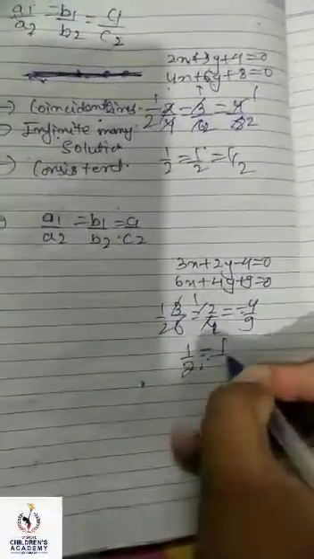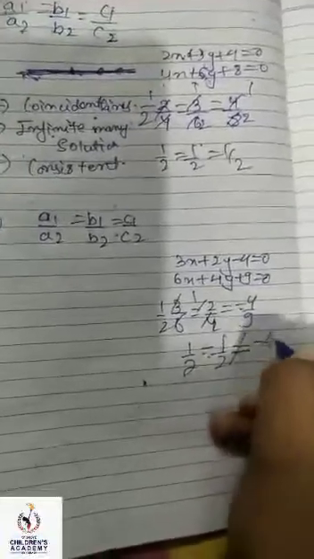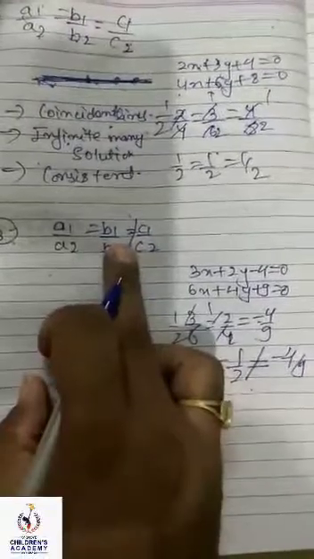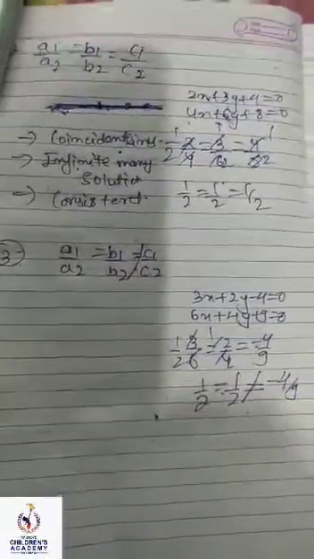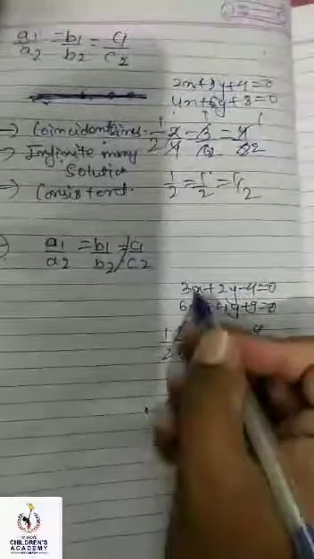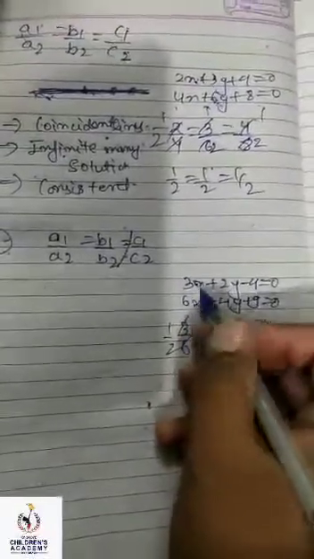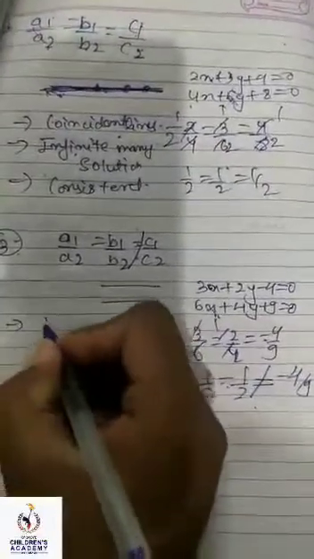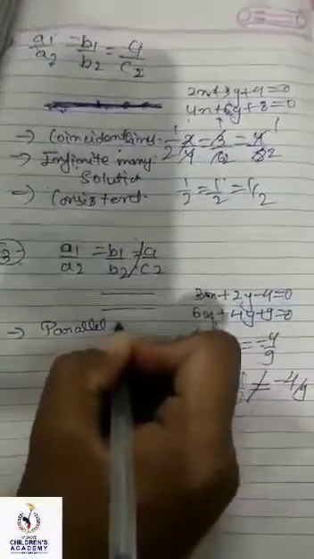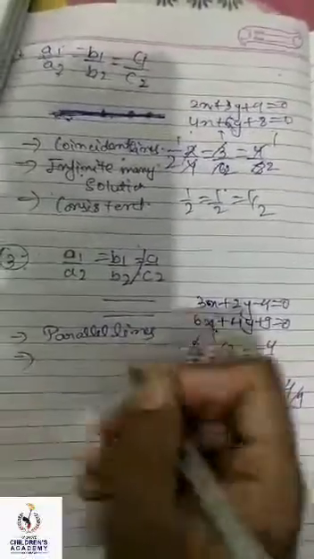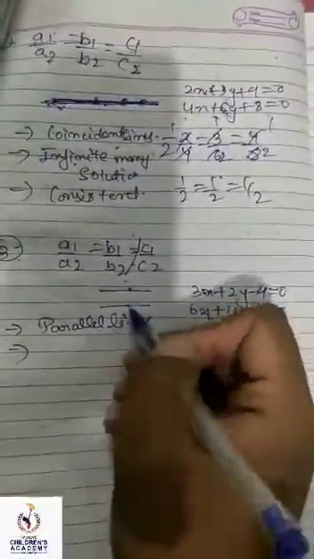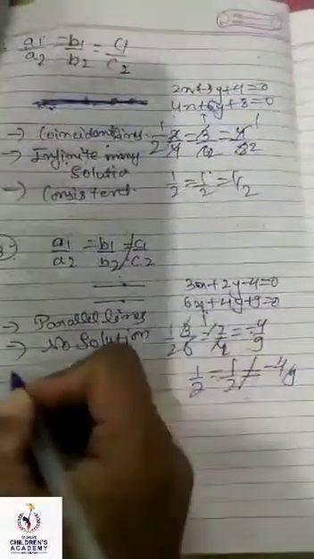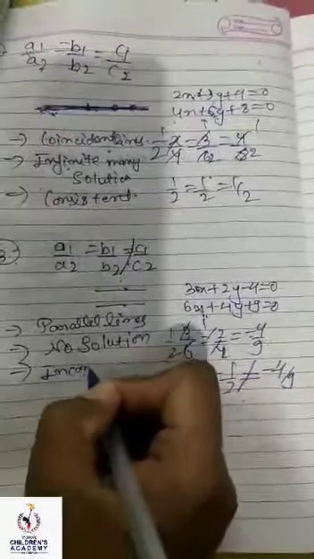So 1 by 2 is equal to 1 by 2, but this is not equal to minus 4 by 9. When we get not equal, it means these two lines, if we draw them on a graph, will be parallel to each other. Parallel lines never intersect each other, so it will give no solution, and if there is no solution, it means it is inconsistent.